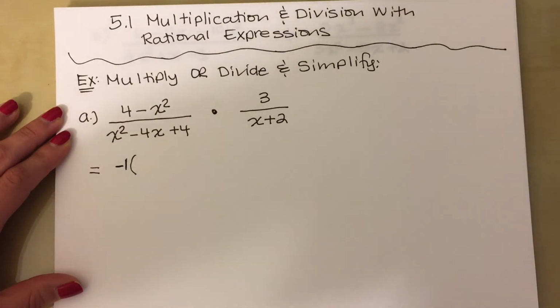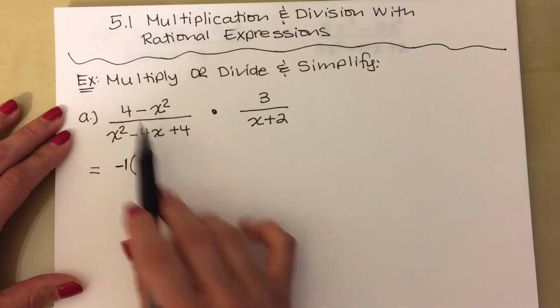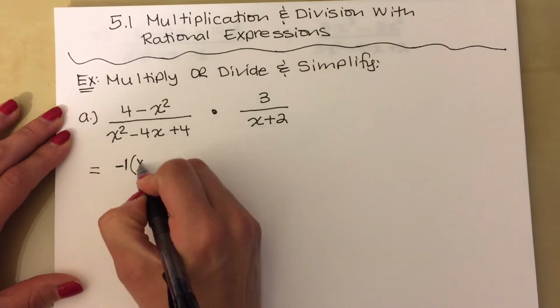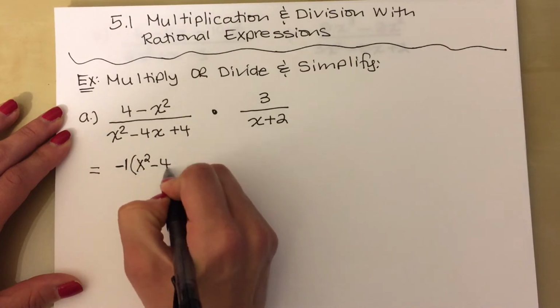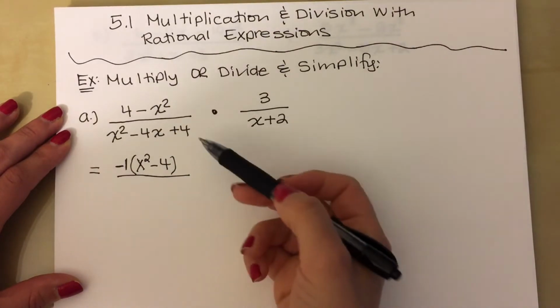And that's going to change the sign. For x squared, it'll make x squared positive, and the other term negative. We can factor this trinomial.